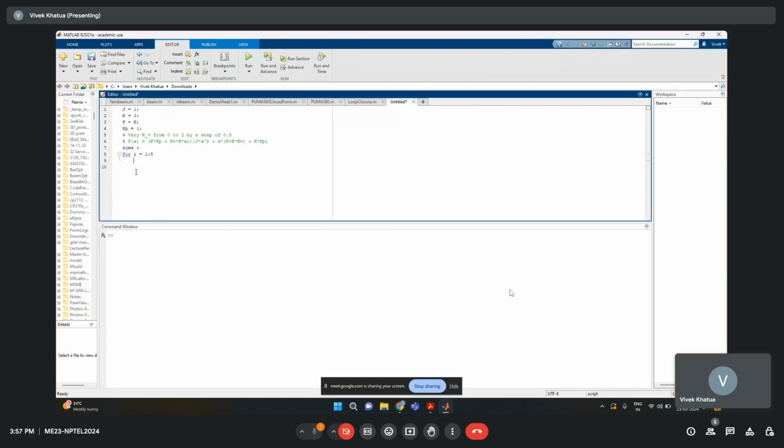To substitute that value, we make Kv of i equal to i minus 1 times the step. What is the step? 0.5.